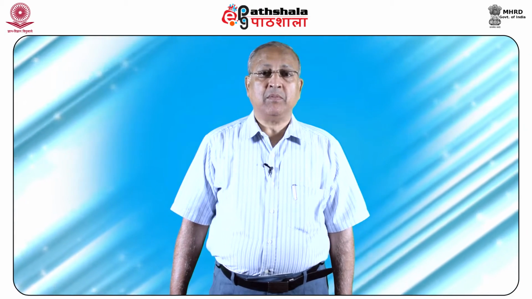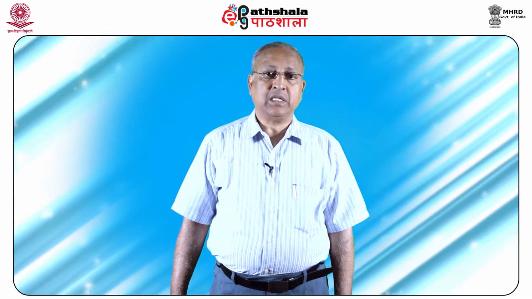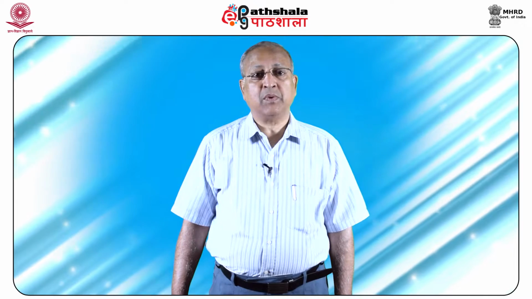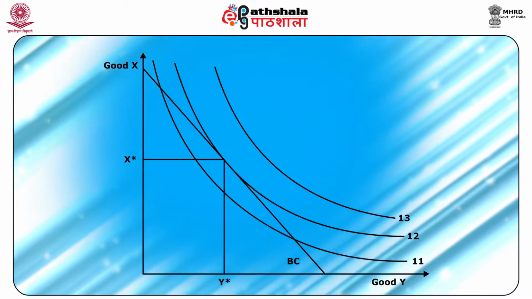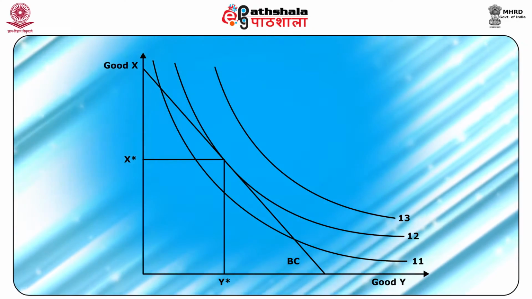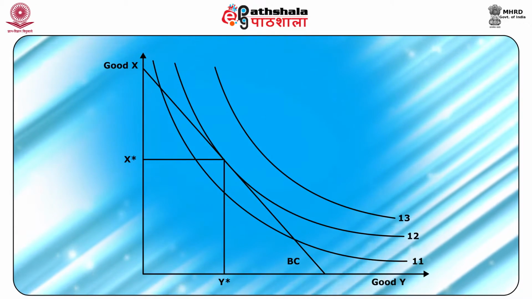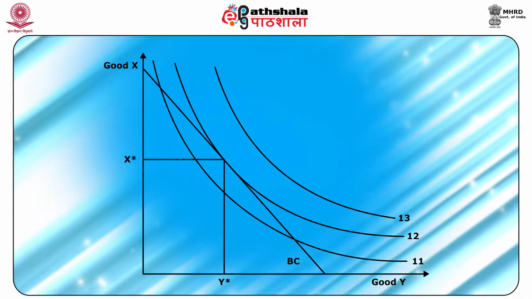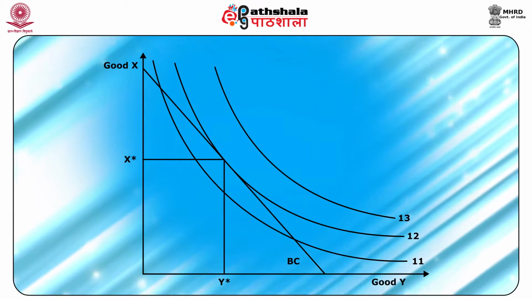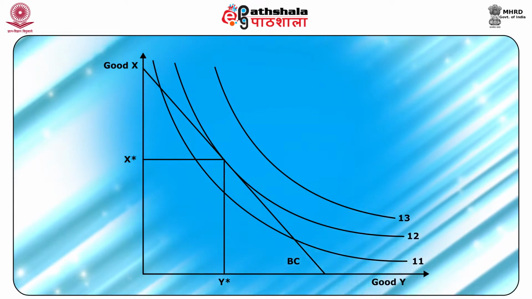The equilibrium is defined by the tangency of the budget line with the highest possible indifference curve. Here BC stands for the budget constraint, and then you have indifference curves I1, I2, I3 and so on, and X star and Y star are the quantities consumed respectively of commodity X and Y.